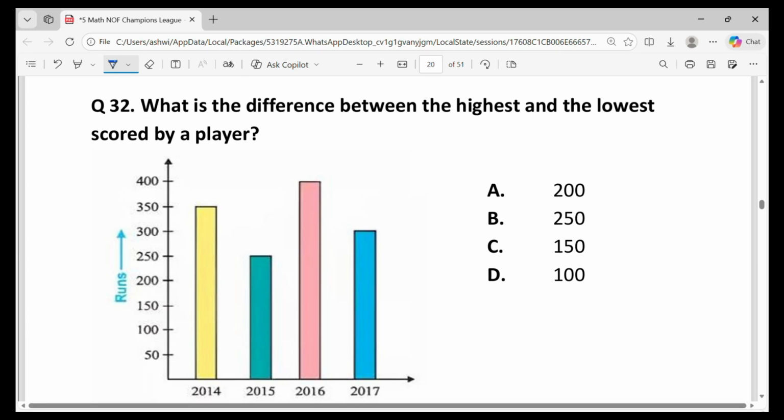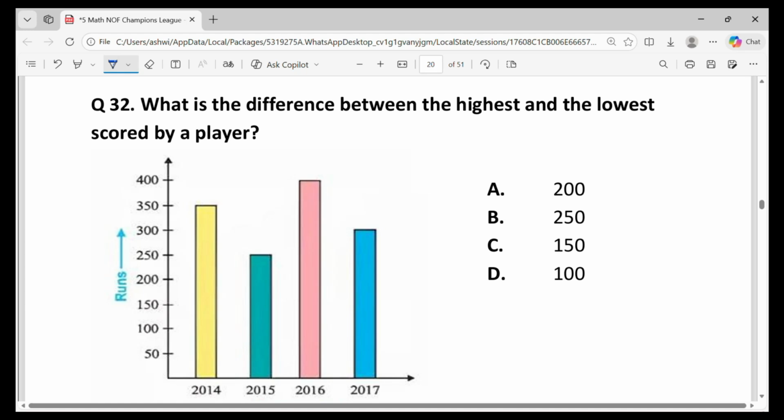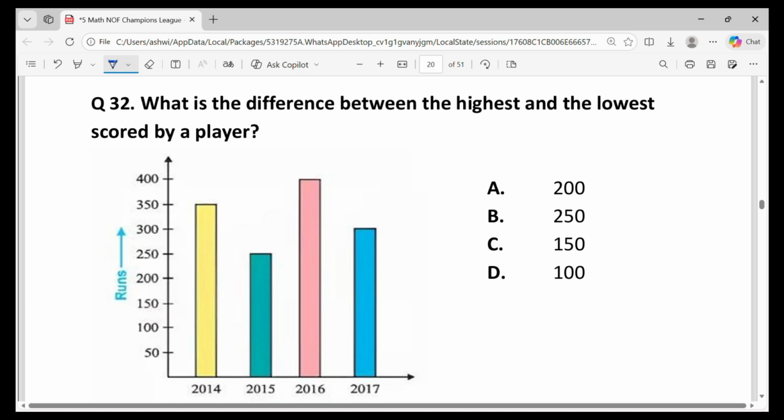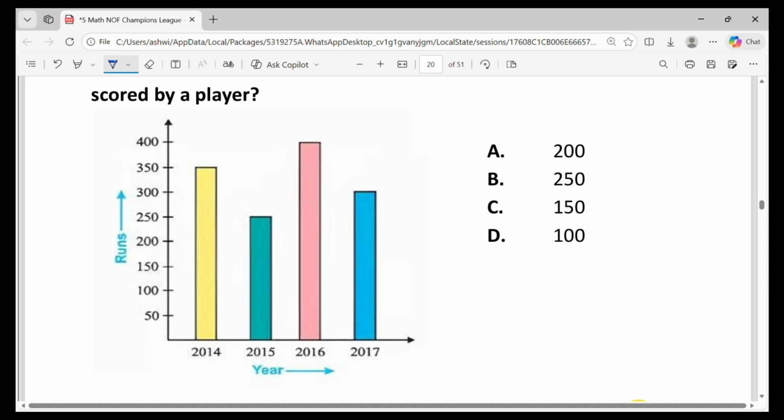Question 32. What is the difference between the highest and lowest scores by a player? From the bar graph, we can see that the highest bar, that is from 2016, has a score of 400 and the lowest, that is 2015, is at 250.